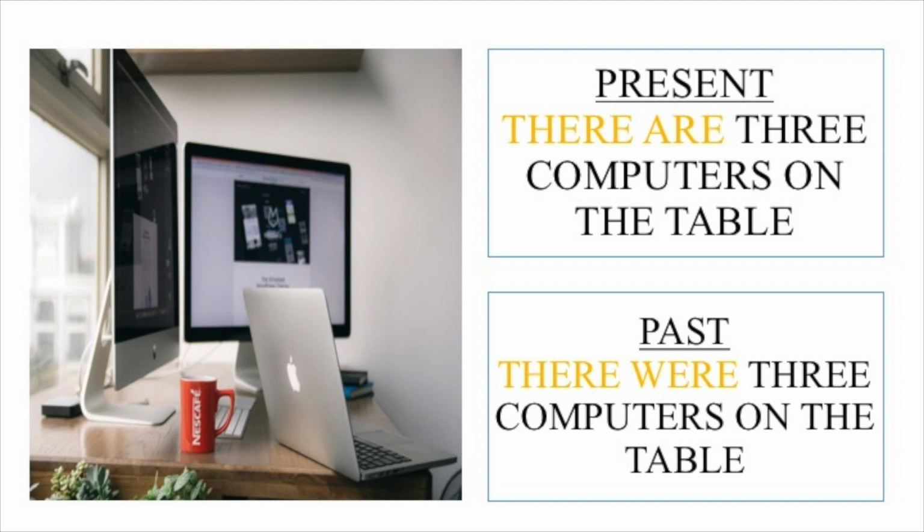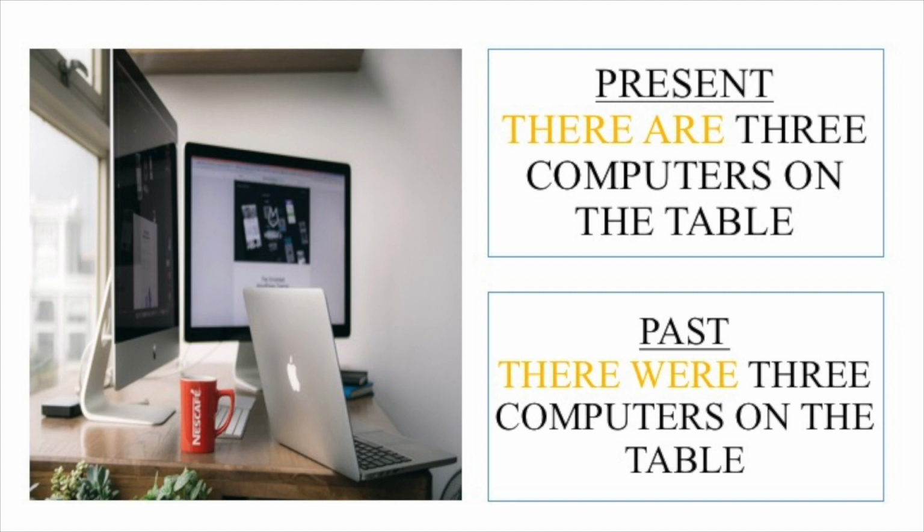Now look carefully. How many computers can you see? Three. So is three singular or plural? Yes. Remember, plural is however many, but always more than one. Singular, one. Plural, two plus however many, as long as it's more than one. So present tense, plural objects.